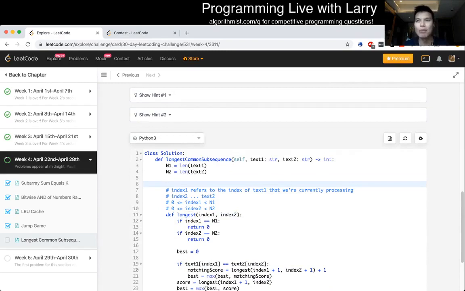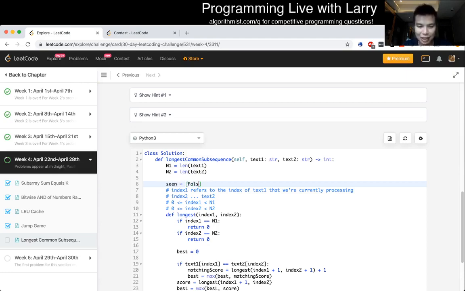Normally my contest code, or even my normal code, might be a little bit different, but right now I'm just trying to be as explicit as possible. So let's create a Boolean array for seen.